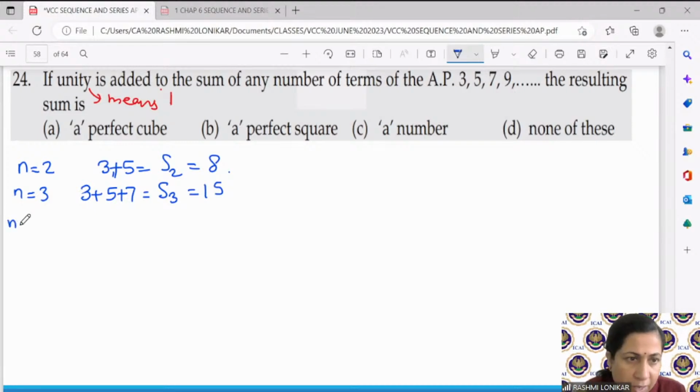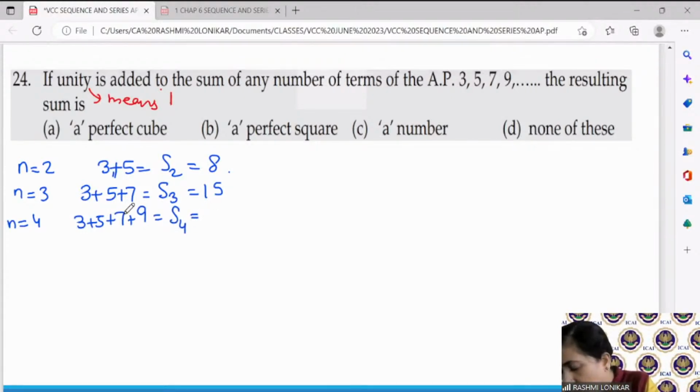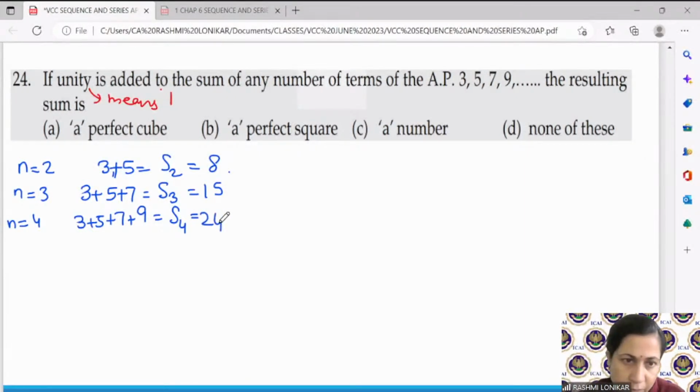If I have n equal to 4, I will be adding the first 4 terms of the AP: 3 plus 5 plus 7 plus 9, which is S4, equal to 15 plus 9, that is 24. Now what they are saying is, if unity is added to the sum of any number of terms of an AP, now what does that mean?